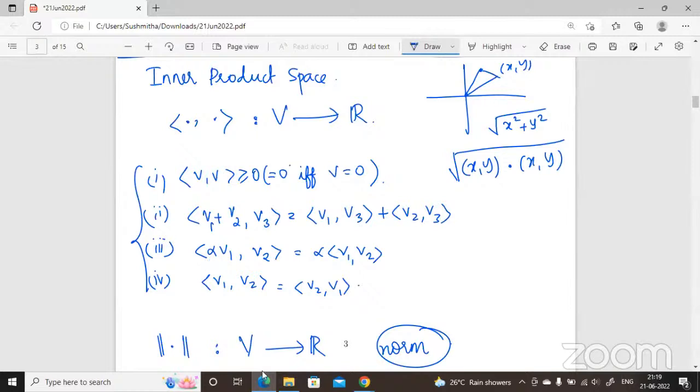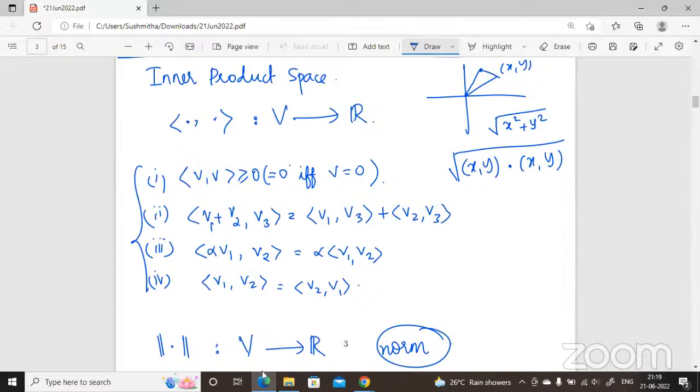If it is -2, then -2 has to come out. If it is 5, 5 has to come out. If it is 1, obviously it is satisfied, but otherwise also it should satisfy. In case 3, you have alpha v1 comma v2. That's all. v1, v2 are all vectors.